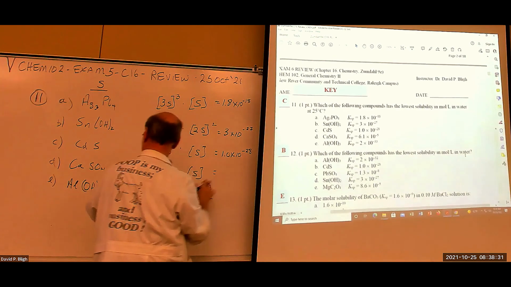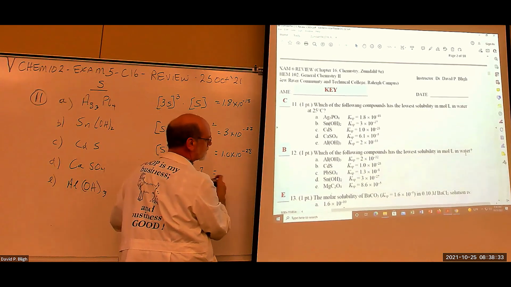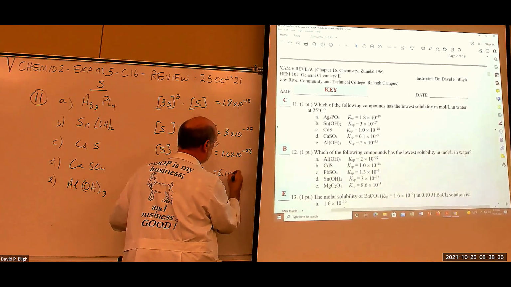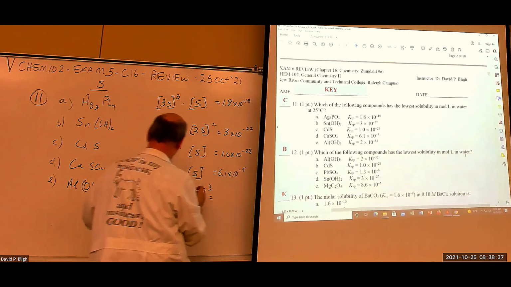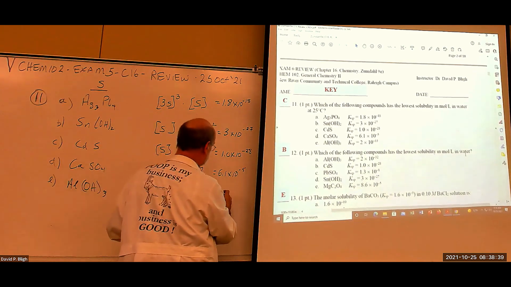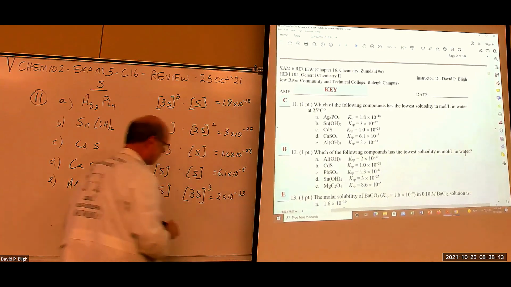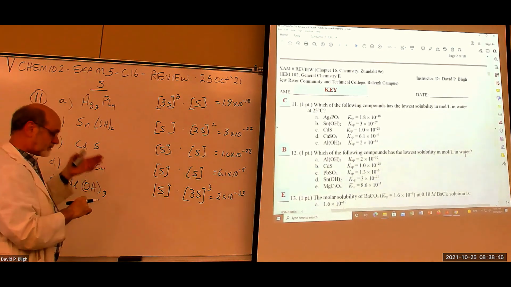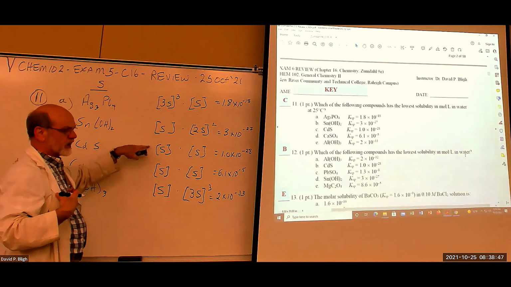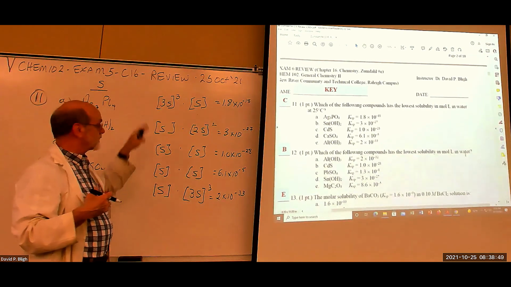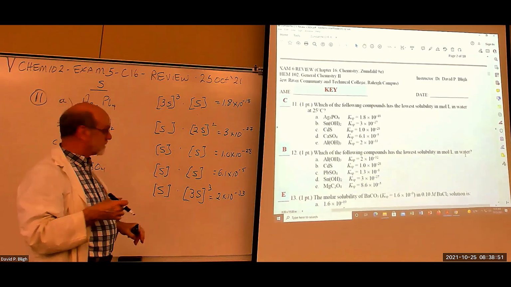See that. Calcium sulfate is 6.1 times 10 to the minus 5. And the last one, 2 times 10 to the minus 33. Okay, so now we've got our equations in terms of solubility. We just have to solve each one for S.